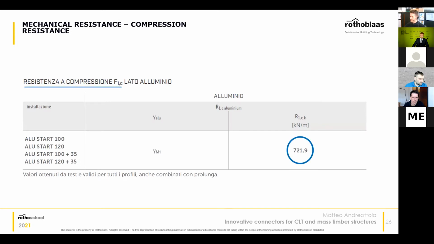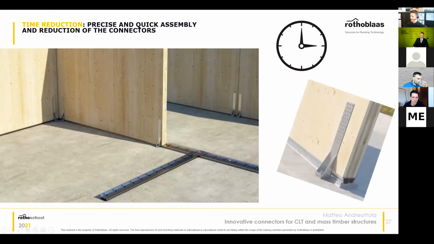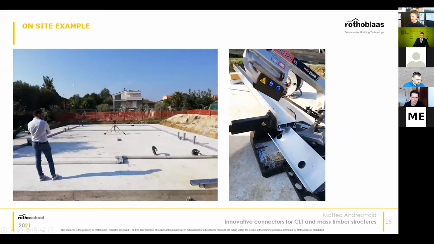And you can see here the vertical resistance, the compression resistance of the extruded aluminum profile. It's very high, and that means that you can use this one as well for multi-story constructions, like we were saying before. Main advantages are definitely the time, because you're super fast and very precise at the same time.